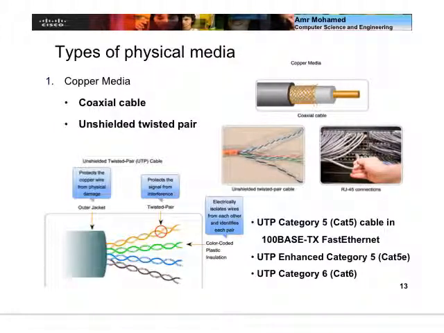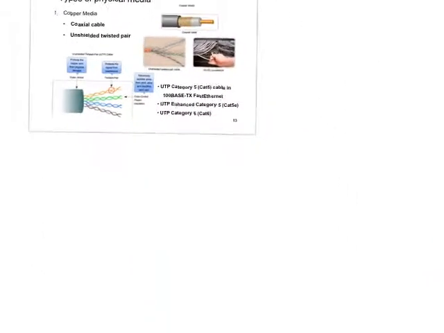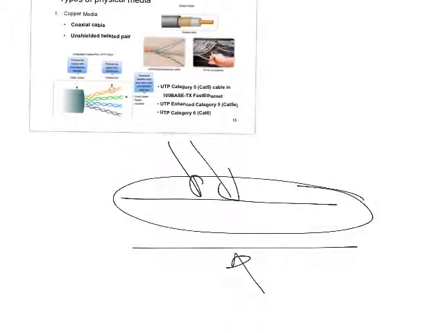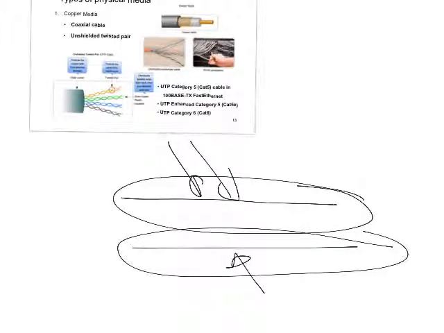What happens is that if you don't twist, then you have two wires like this, right? In that case, if the interference from above is more than from below, then you have more interference on this wire than on this wire.